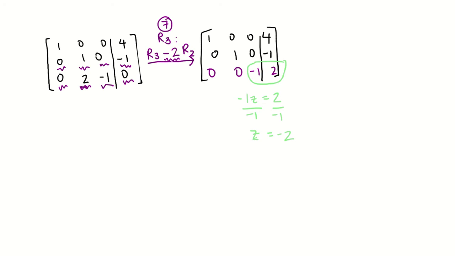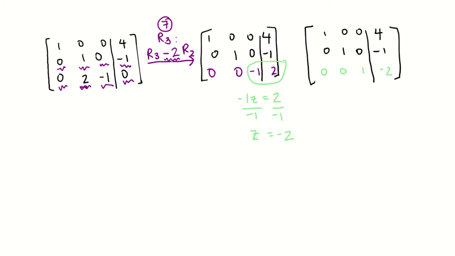So 1z equals negative 2, which means that if we were to rewrite this again, 0, 0, 1, negative 2 would be the last row. So this is now our solved augmented matrix. 1, 0, 0, 4, 0, 1, 0, negative 1, 0, 0, 1, negative 2.